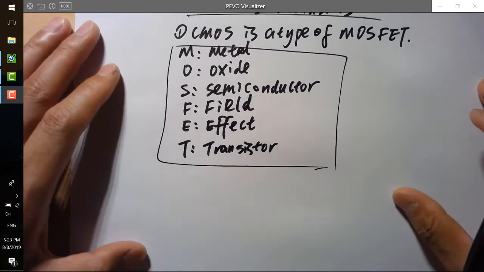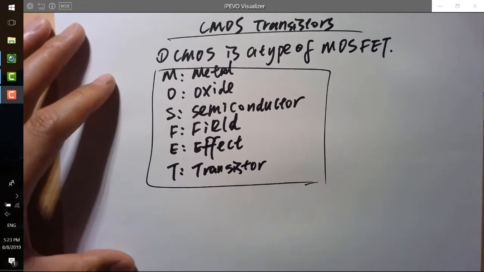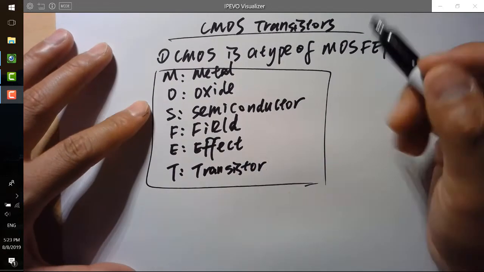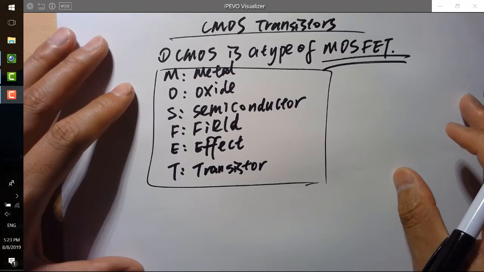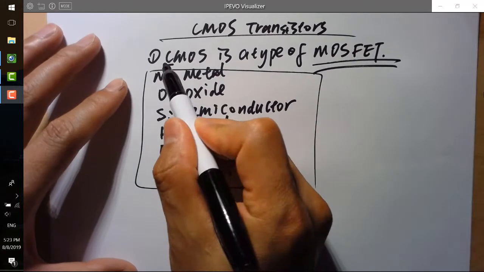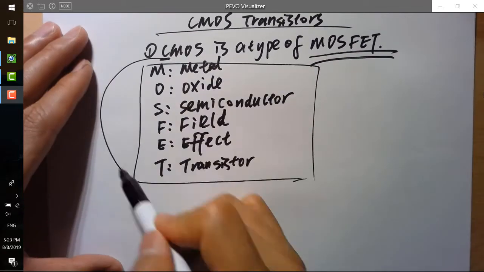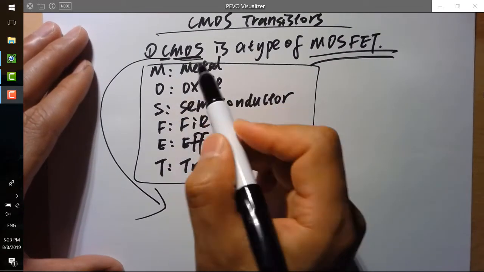We're going to draw a picture of a MOSFET and let you know how that works. So CMOS is a type of MOSFET, however, it's composed in a complementary form to make up computer logic. The MOS here has the same meaning.